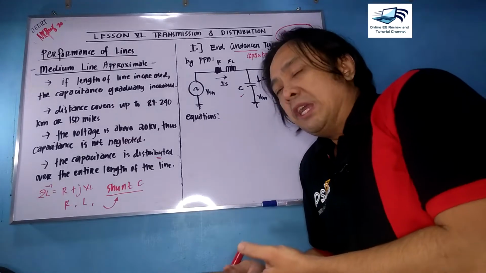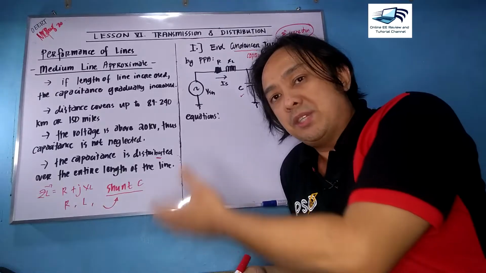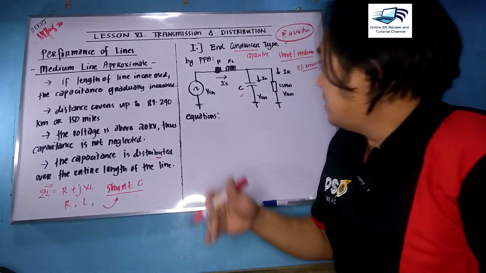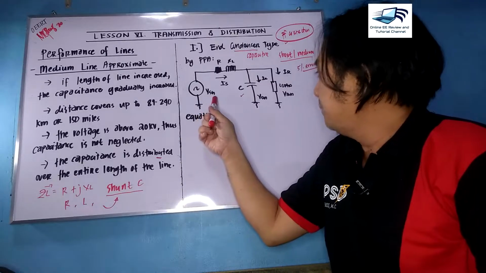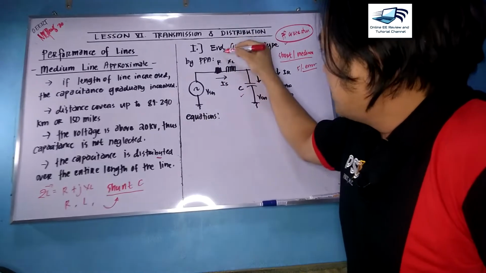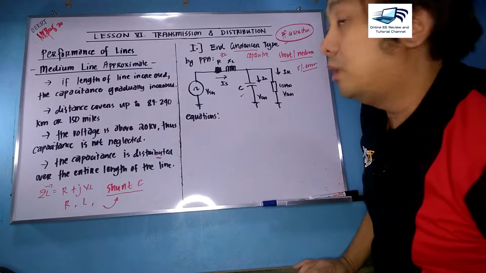You can see this when you compare solutions on medium lines and long lines. This is the per phase analysis of that circuit. You have your VSN, your ZL, your shunt capacitance and your load.